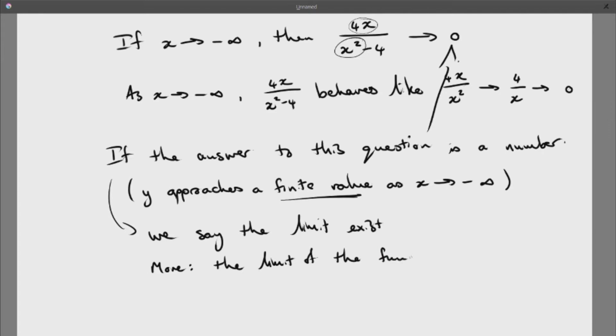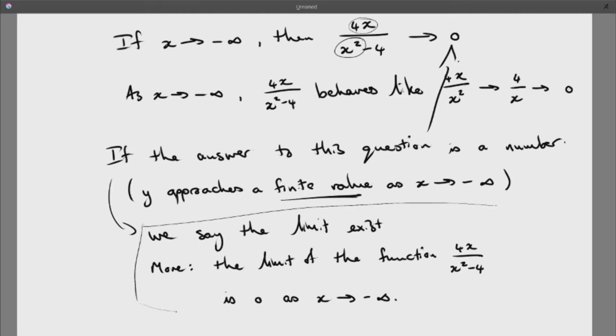Limit of the function, which is that function over there, 4x over x squared minus 4, is 0 as x does whatever it does. So this, I think, is the most important section. It's not that the question is changing, it's that we are just trying to say it in a more condensed way.